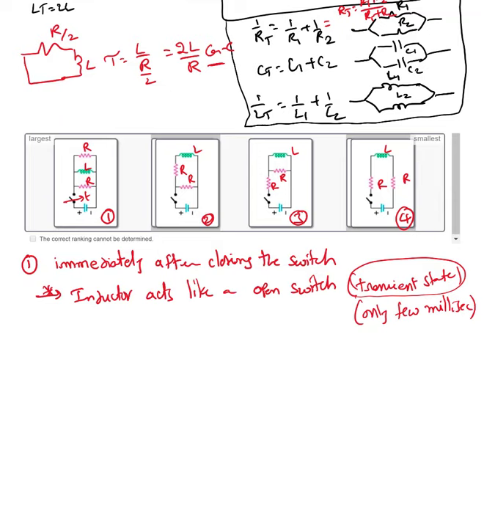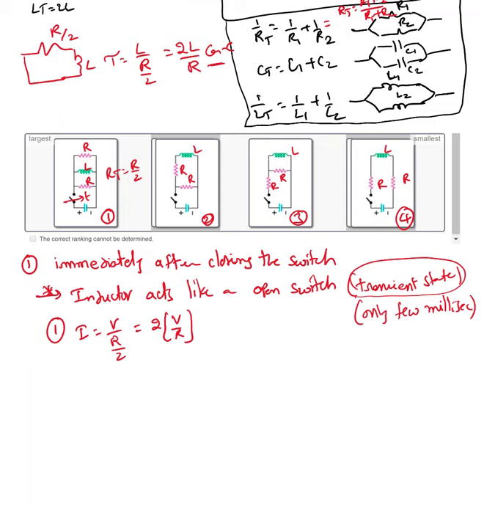So immediately after closing the switch, in circuit 1, these two are in parallel, so total resistance R total equals R by 2, right? So I equals V over R by 2, which is 2 times V by R. That's our current for circuit 1.